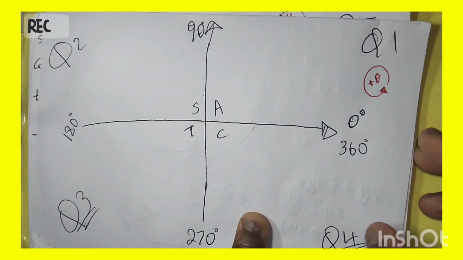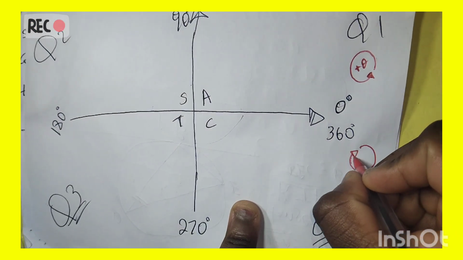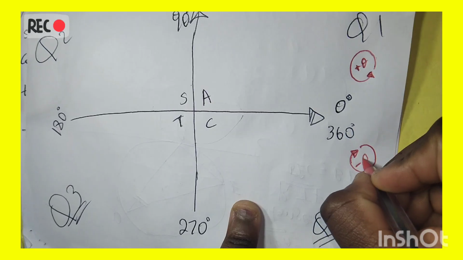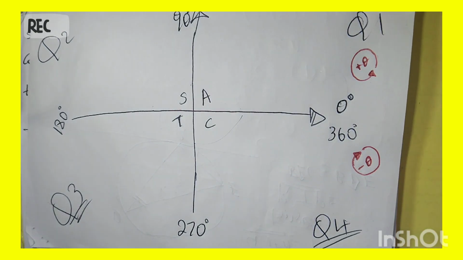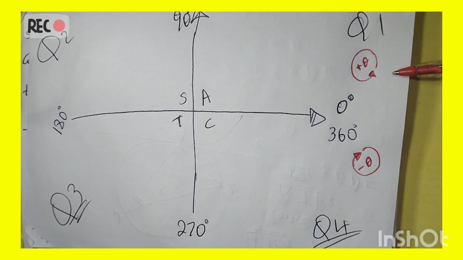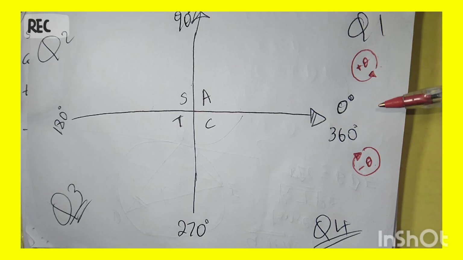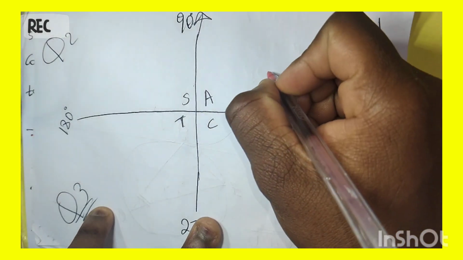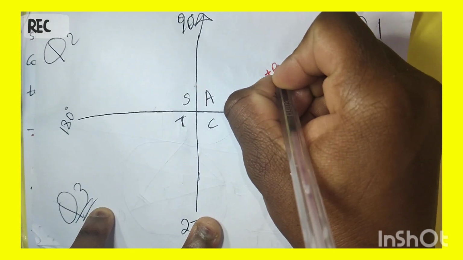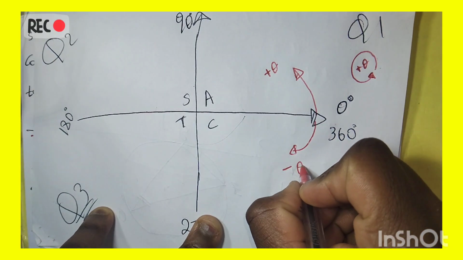If now I move in this direction, clockwise, it means it's a negative angle. Please, guys, take note of that. When you are moving clockwise, you read a negative angle, but when you move anti-clockwise, you read a positive angle. So if I move here, I will be moving with a positive angle, but if I move here, I'll be moving with a negative angle.